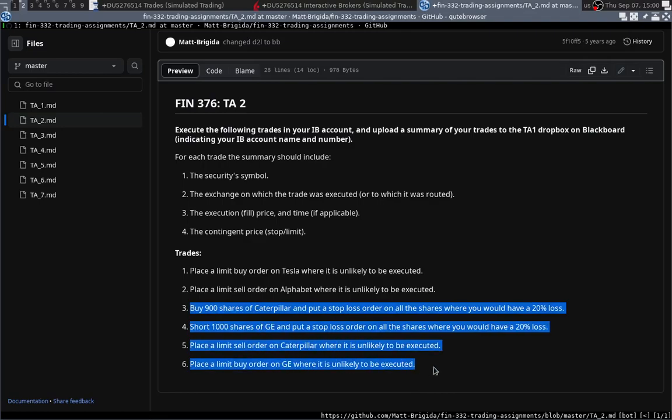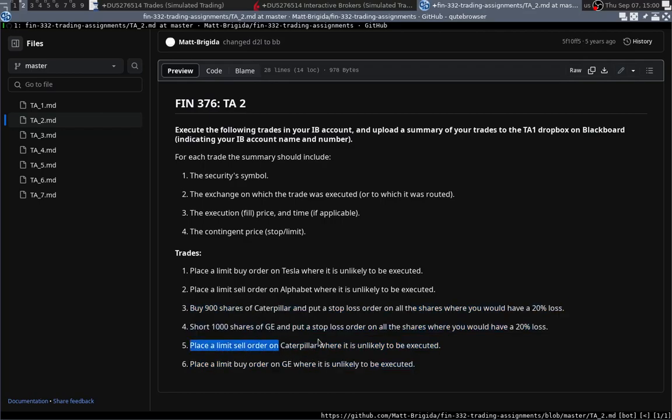What that means is buying some stock and then putting in a price at which we will take profits, and then a price at which we are going to limit our losses. So buy the stock, put a limit sell above it, and put a stop sell below it, or short the stock. In this case, I profit when it goes down. So if I short the stock, it's a limit buy to take profits and a stop buy to limit losses.